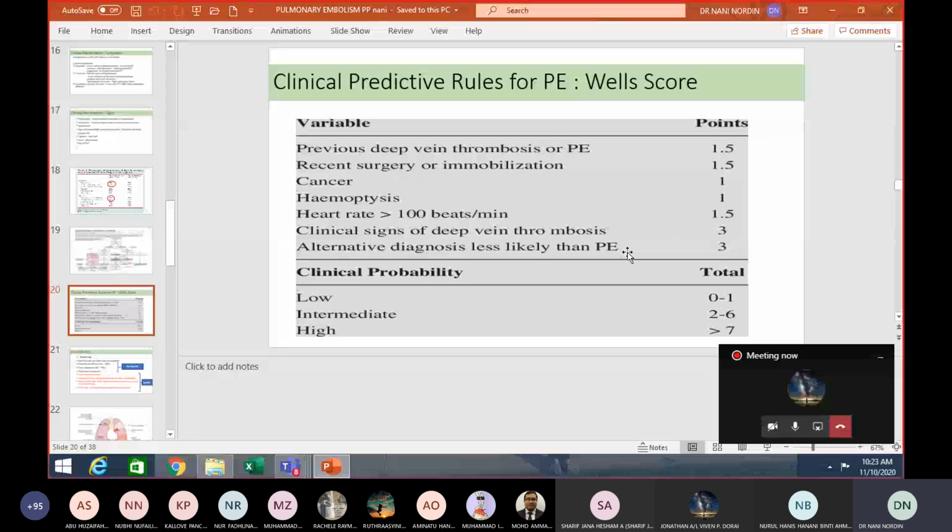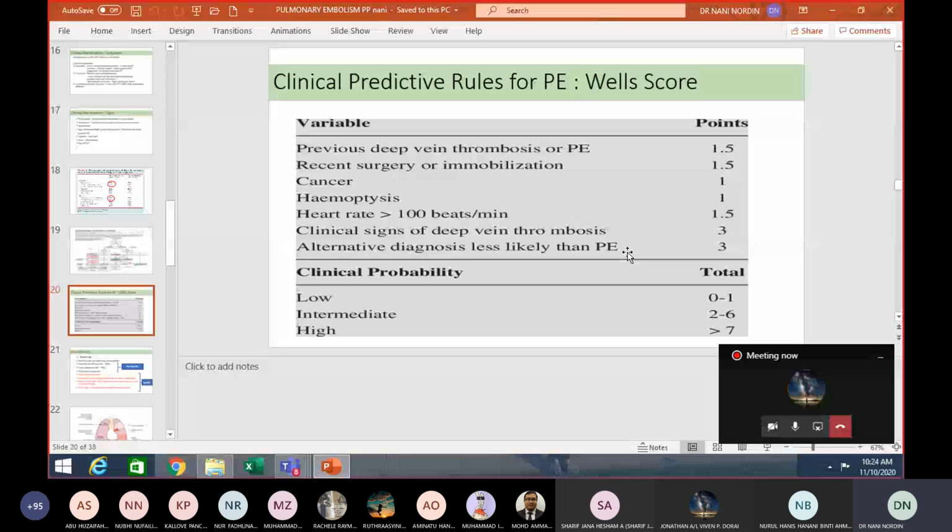Is an alternative diagnosis less likely than PE? Meaning, is there any other possibility that this patient has these signs and symptoms? For example, pneumonia, pneumothorax or a heart problem can also lead to dyspnea, or asthma.